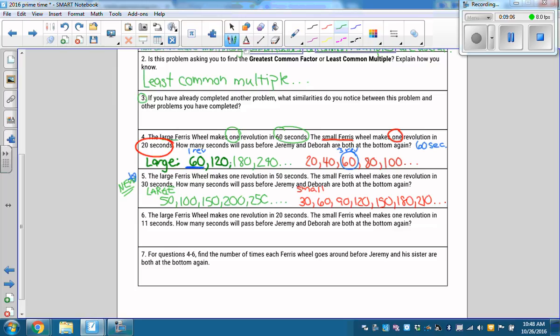So looking at those lists of multiples, the first common multiple, the first time they're at the bottom together, is after 150 seconds. How many seconds will pass before Jeremy and Deborah are both at the bottom again? After 150 seconds.